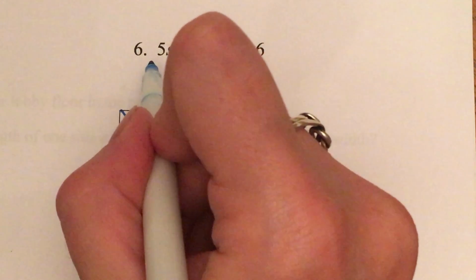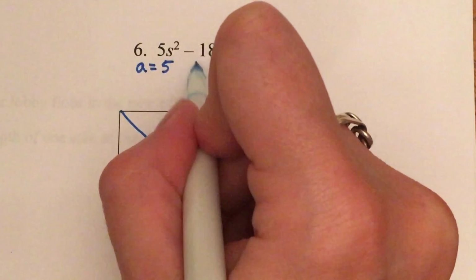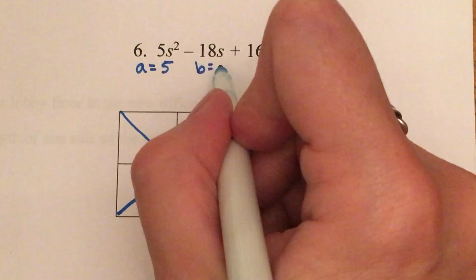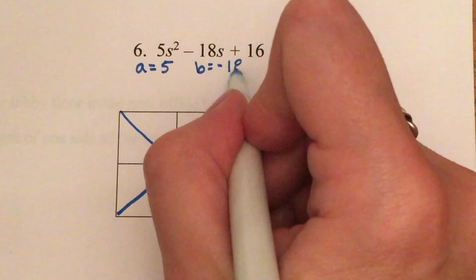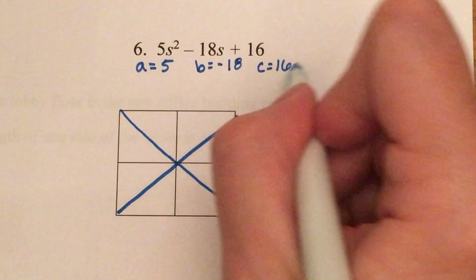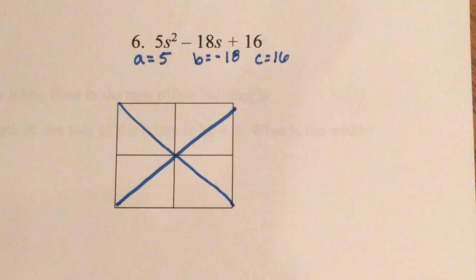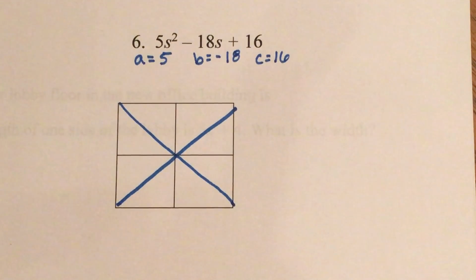So A, B, and C. A equals 5. Good. What is B? Negative 18. Great. What is C? Positive 16. Super. What goes in the top triangle of your box?